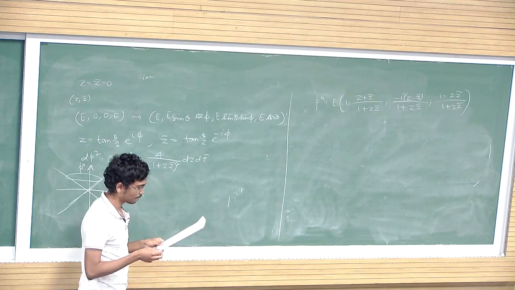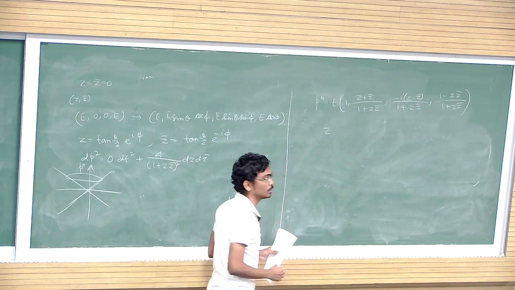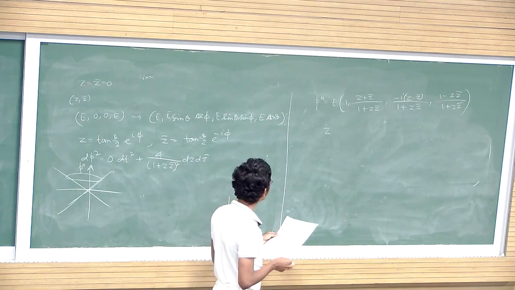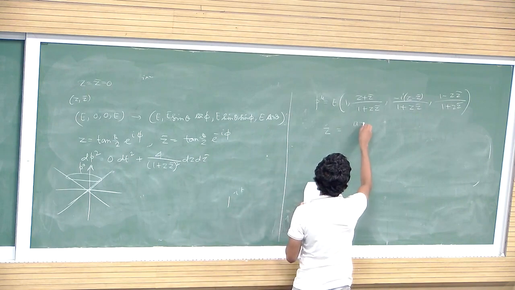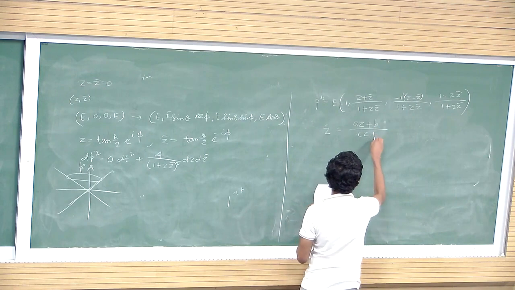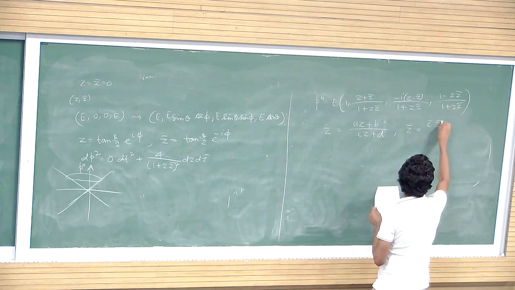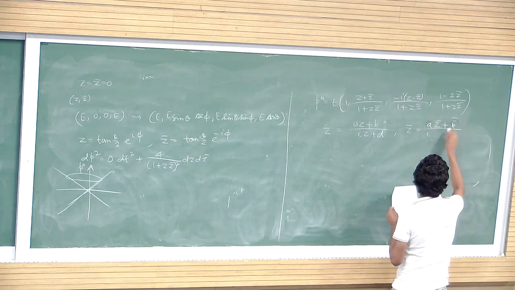And under Lorentz or SL2C, we have seen that the Lorentz group and SL2C are basically isomorphic to each other. So under Lorentz or SL2C, this z and z bar transform in this way: z goes to (a z plus b) over (c z plus d), and z bar goes to (a bar z bar plus b bar) over (c bar z bar plus d bar).